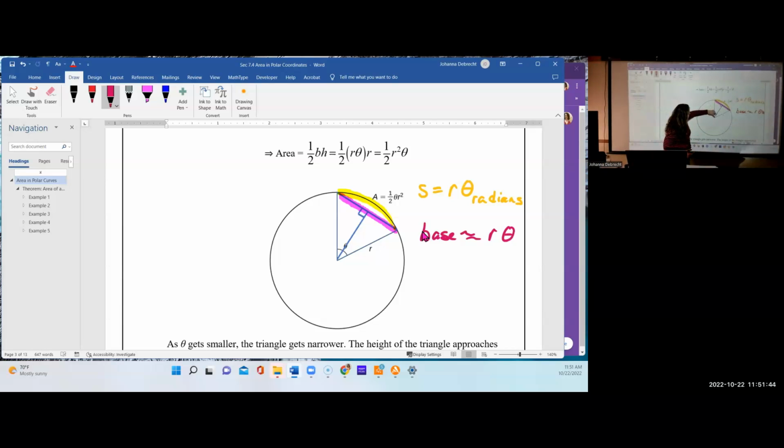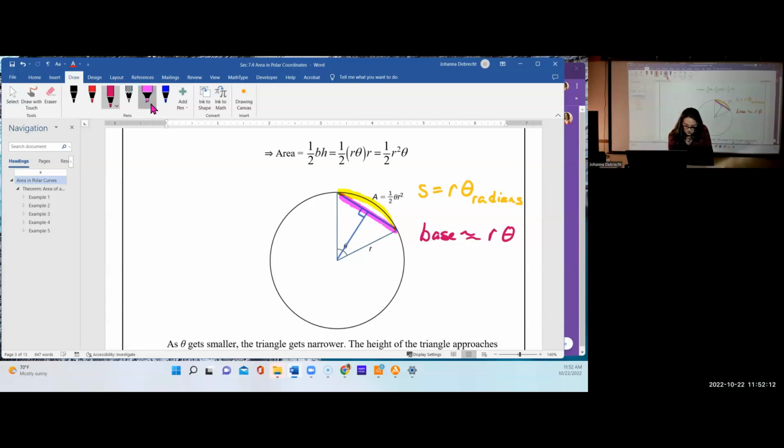So from the center of the circle down to the base of the triangle, as I allow theta to get smaller and smaller, this base of the triangle gets closer and closer to the arc. So the height of the triangle gets closer and closer to the radius of the circle. So hopefully you can see that as this gets narrower and narrower, this line coming to the base of the triangle gets closer and closer to r.